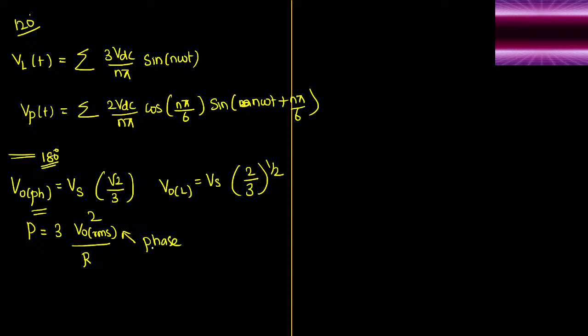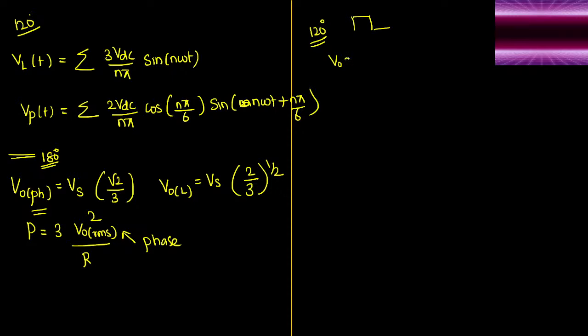Okay, fine, sir. Now suppose you are considering 120-degree mode of conduction, what can be the generalized output voltage? This is not in terms of trigonometric Fourier series expansion. I'm just talking about it from the output waveform. If we are trying to calculate the RMS voltage for the output waveform, what value will you get?